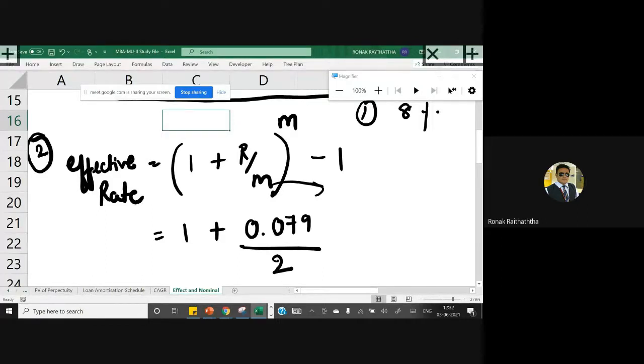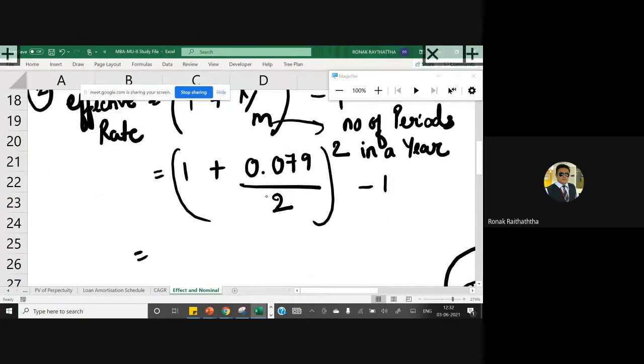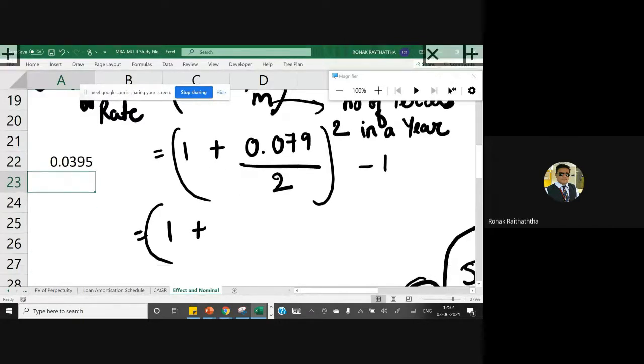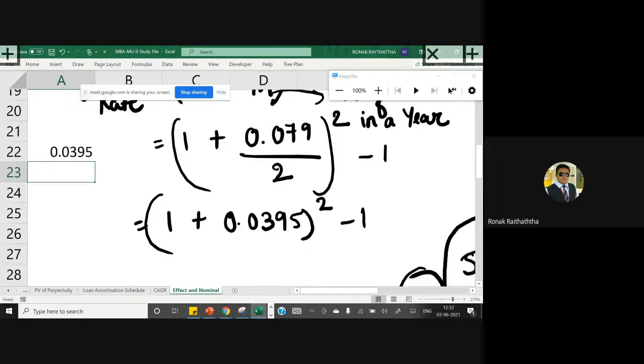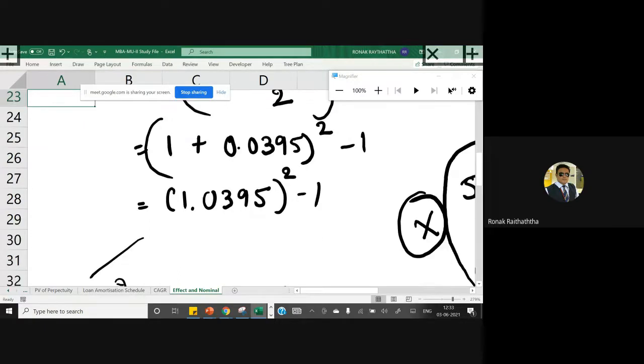M stands for number of periods in a year. That is to be raised by 2 minus 1. So equal to 1 plus, let's just calculate that, 0.079 divided by 2. So you get 0.0395, raised to 2 minus 1.